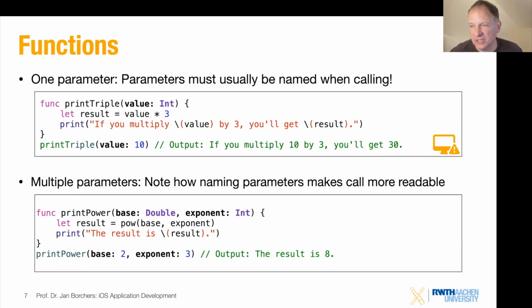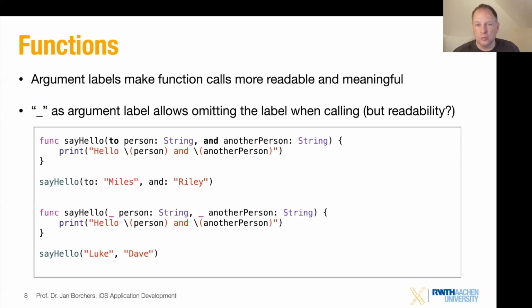And the idea that Swift tries to enforce is that your code should almost be understandable if you just read it out aloud. This is an important principle, and we're actually going to do one better on top of that, to make your code even more readable. And this is using argument labels, because Swift gives you not only one way to give your parameters a name, but actually lets you give them 2 different names.